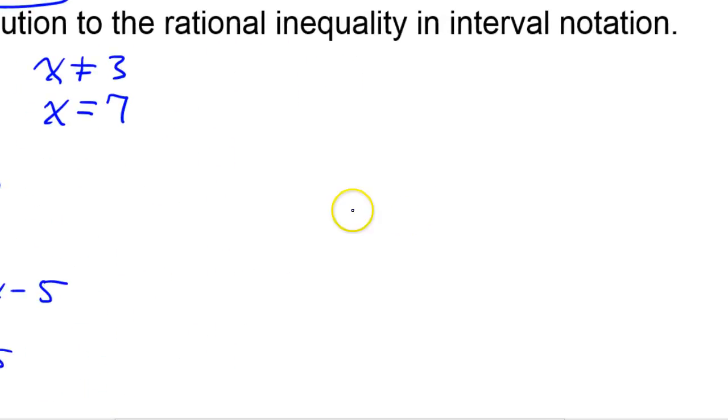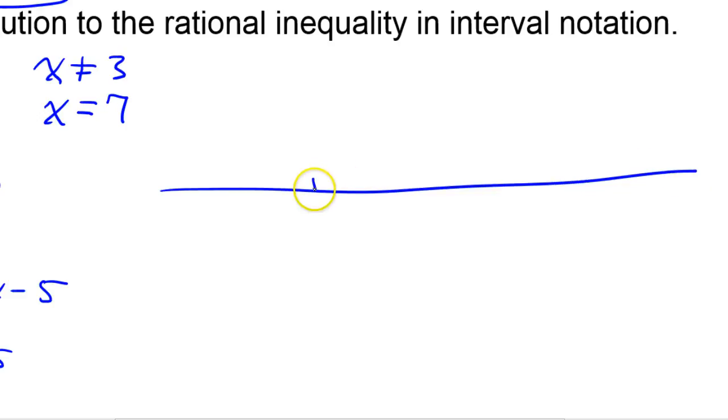So now let's go ahead and do the number line. There's my 3 and there's my 7. Now let's put some dots or circles here. X cannot equal 3, that's excluded, so we will definitely use an open circle to represent that boundary point. X equals 7, sometimes this will be an open circle, sometimes a closed circle.